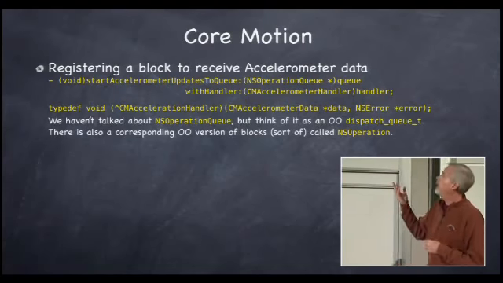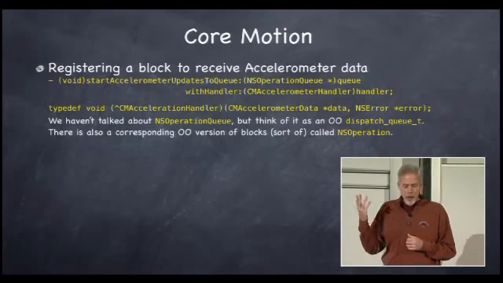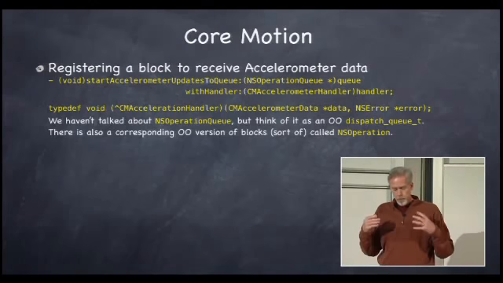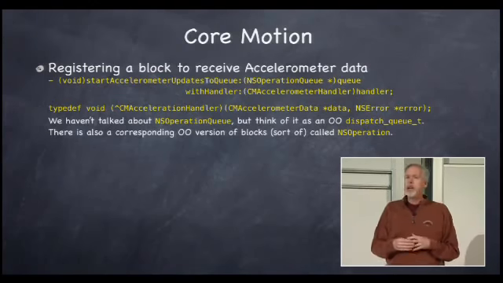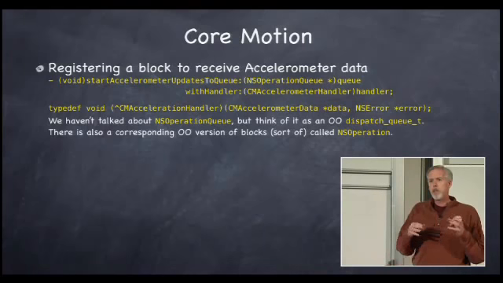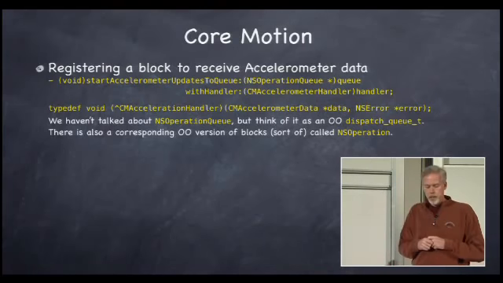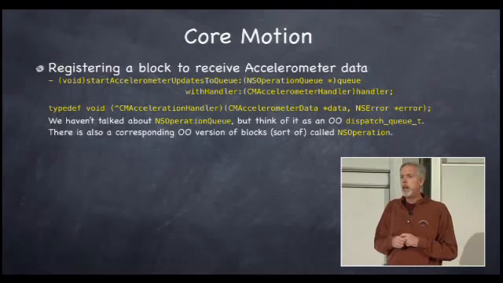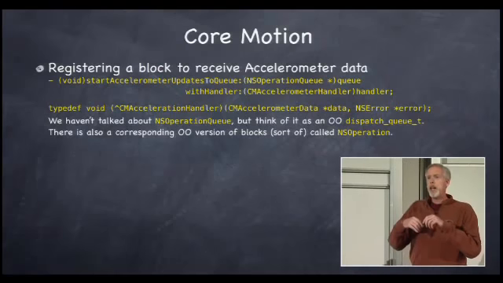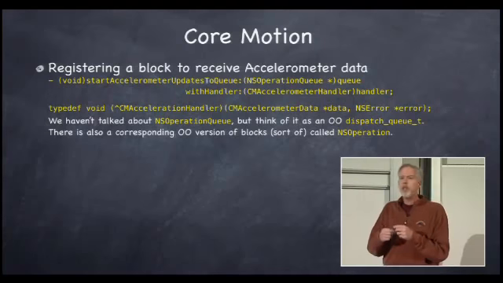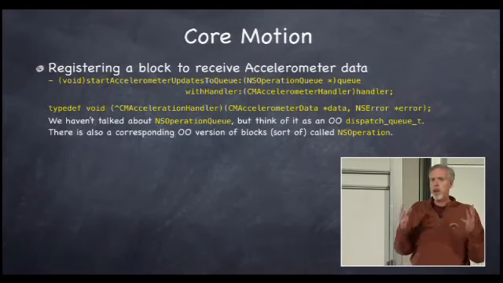And you might say, well, why doesn't that first argument just take a dispatch_queue_t, which it could have, but an operation queue you can kind of think of as a little more of an object-oriented dispatch_queue_t. And if you're really just creating a queue just to handle these things, you can just alloc init a queue, and it'll create one.